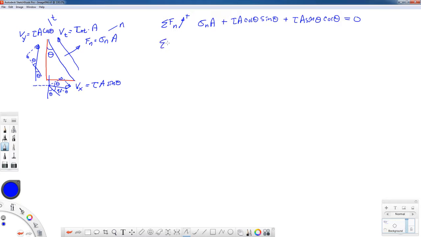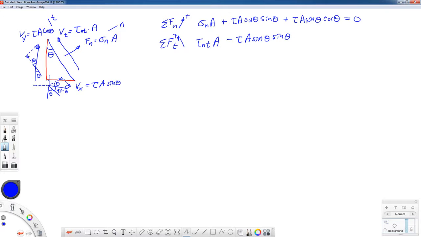Let's go ahead and do the summation of forces in the t direction right now. We'll have tau nt times a. From the bottom triangle, notice that that's pointing in the negative t direction, so I'm going to have minus tau a sine theta. That's the force, and it's the sine theta component.